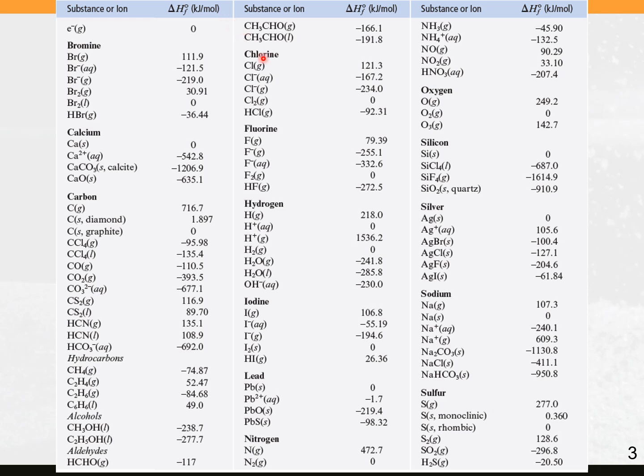For example, chlorine has a zero enthalpy of formation as a diatomic gas. As a monoatomic gas or a monoatomic gaseous or aqueous ion, it has a non-zero enthalpy of formation. It has a zero enthalpy of formation only when it's in its reference form as the diatomic gas.